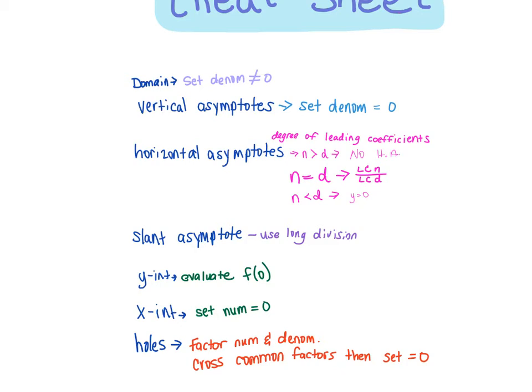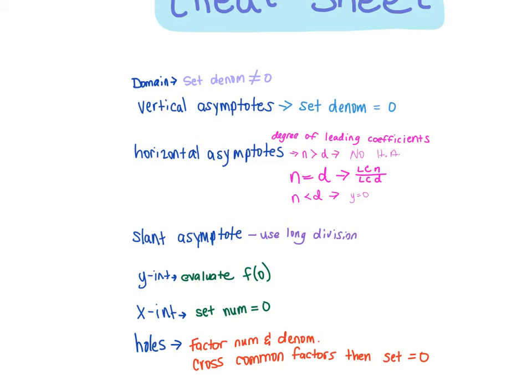When I talk about horizontal asymptotes, we're going to compare degrees of numerators and denominators. What is the degree of a polynomial? The highest exponent. Good. So we're going to compare the degrees, and either the numerator degree is bigger than the denominator, then something happens; if the numerator degree is the same as the denominator, something happens; and if the numerator degree is less than, then something happens.